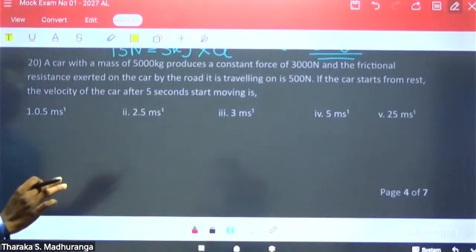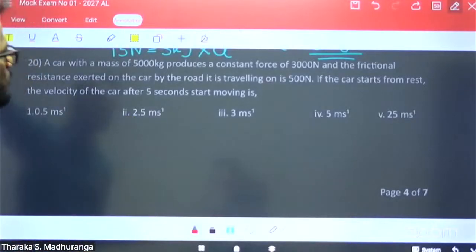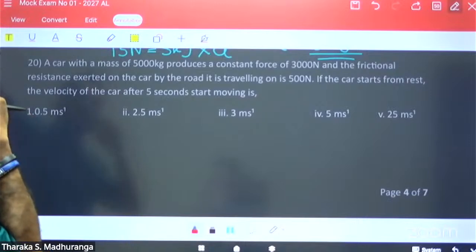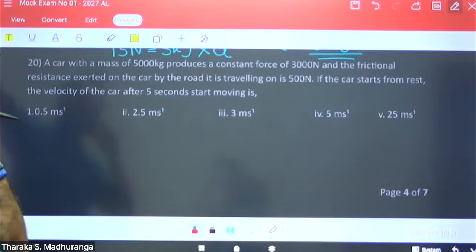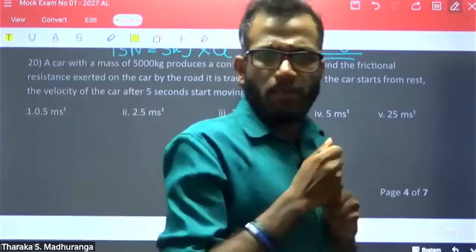A car with a mass of 5,000 kilogram produces a constant force of 3,000 Newton, and the frictional resistance exerted on the car by the road it is traveling on is 500. If the car starts from rest, find the velocity of the car after 5 seconds of starting to move.